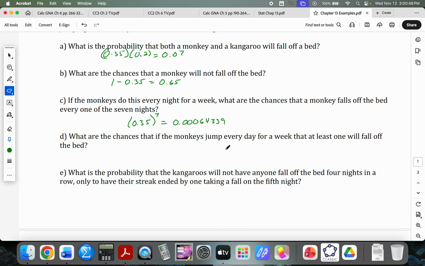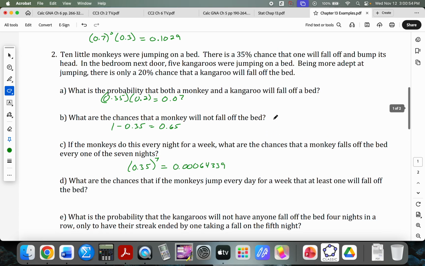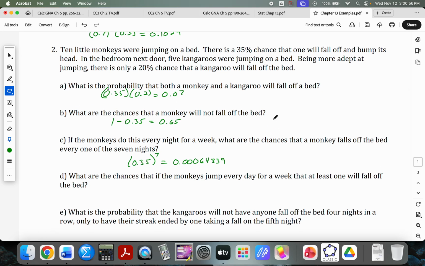What are the chances that if the monkeys jump every day for a week, at least one will fall off the bed? Is it the same? No, it's not the same. It's the complement of part C. C is one falls off every day.